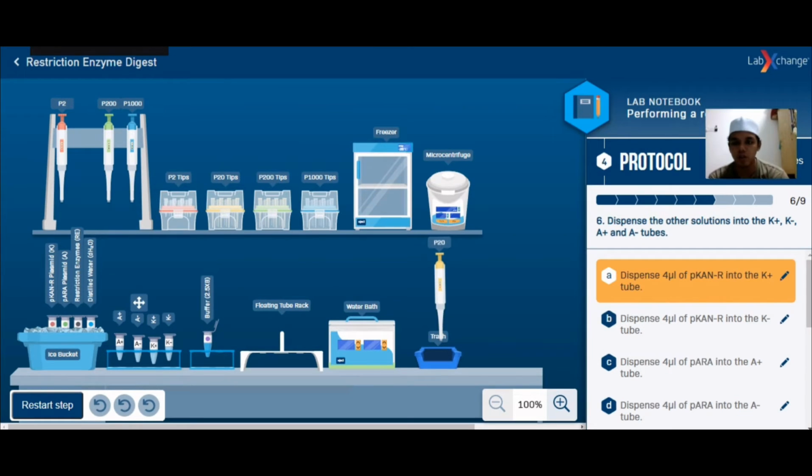The next protocol is we need to dispense the other solutions into the K plus, K minus, A plus, and A minus tubes. First, we need to dispense 4 µl of pKNR into the K plus tube. Attach a new tip.